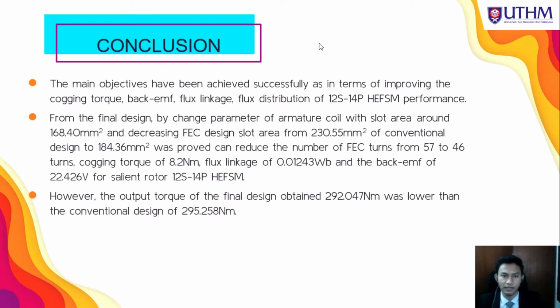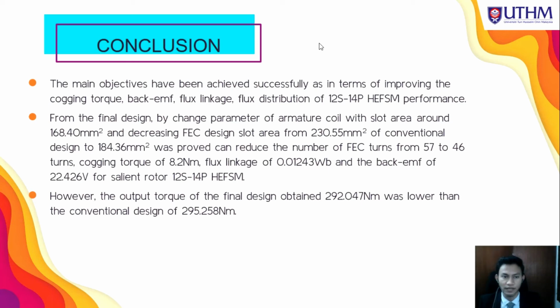So the last part is the conclusion. All the objectives have been achieved successfully in terms of improving the cogging torque, BEMF, flux leakage, and the flux distribution of the HFSM motor performance. What I can conclude from the final design is that by changing the armature slot area to around 168.40 mm square and changing the FEC slot area from 230.55 mm square of the conventional design to 184.36 mm square for the final design, it was proven that we can reduce the number of FEC turns from 57 to 46 turns.